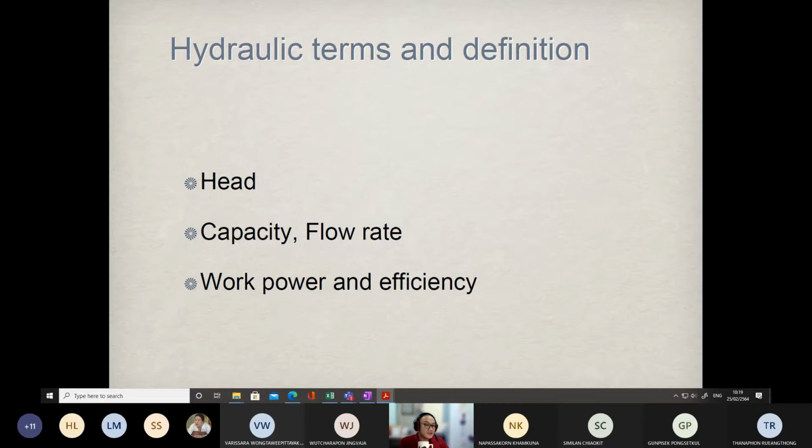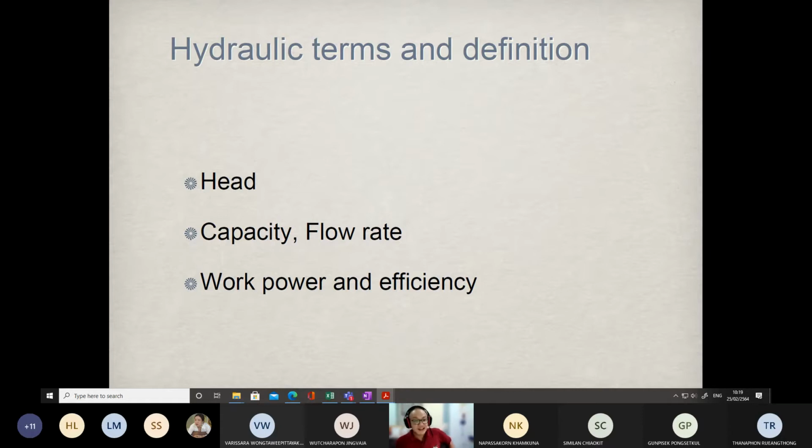The capacity in this context means the flow rate, but the head refers to the water column's height, which is normally measured in meters. That is the unit of the head.